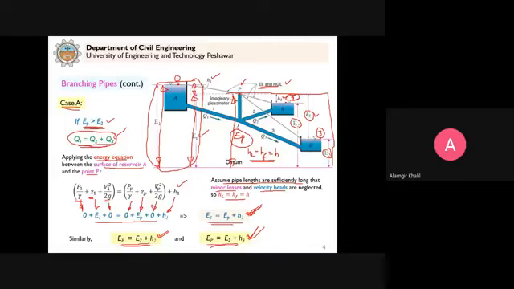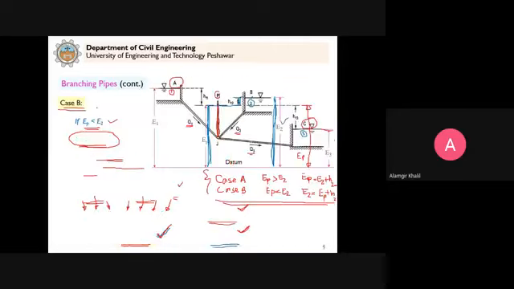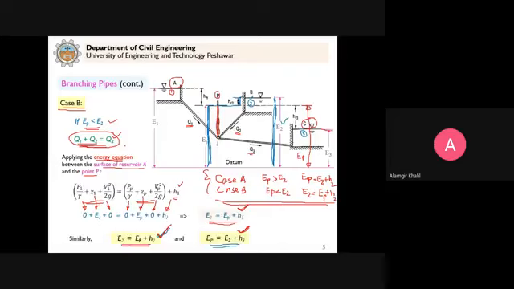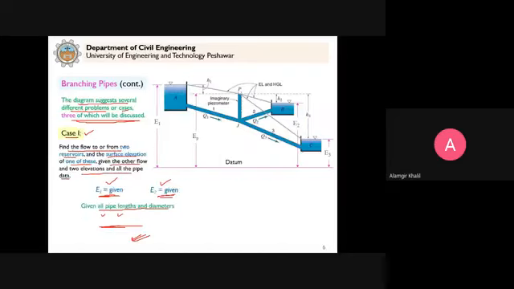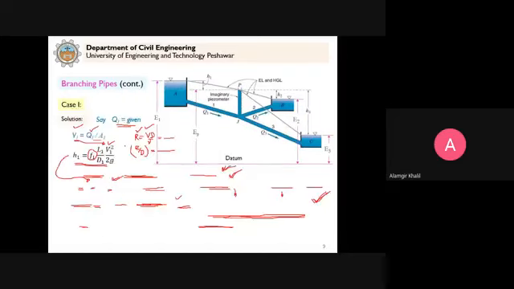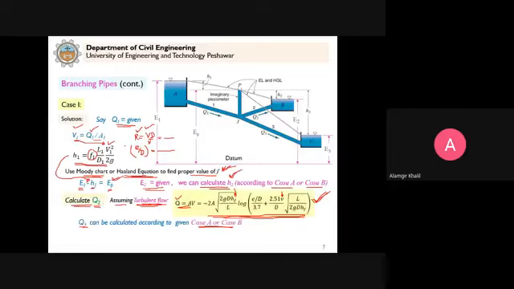If we have case B, then you can use this relationship to calculate Q3. Clear? This is what it says, that you calculate Q3 according to case A or case B.